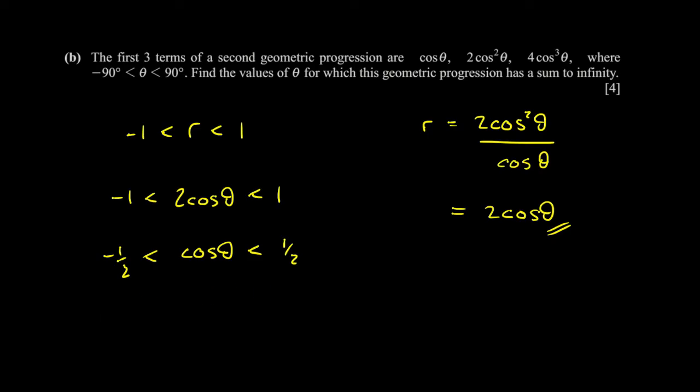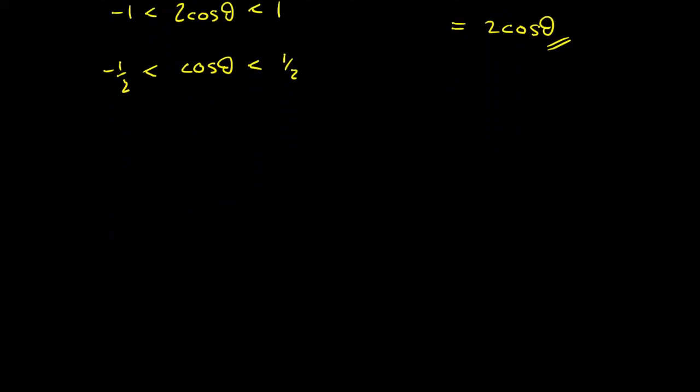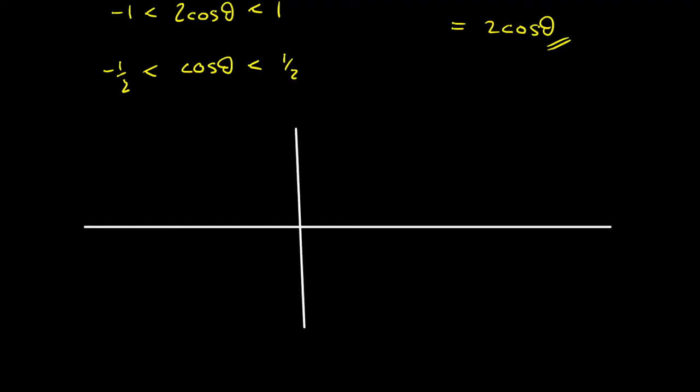Well, how can I do that? I think the best way is to draw a quick graph. If I draw a graph, this will become more straightforward. So here's my cos graph. Whatever, this will be like 90 degrees and -90, 180, and so on. And this is 1 and -1.